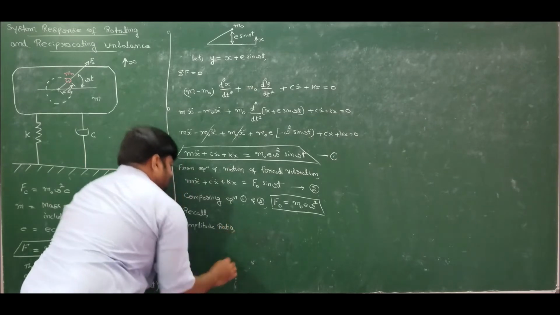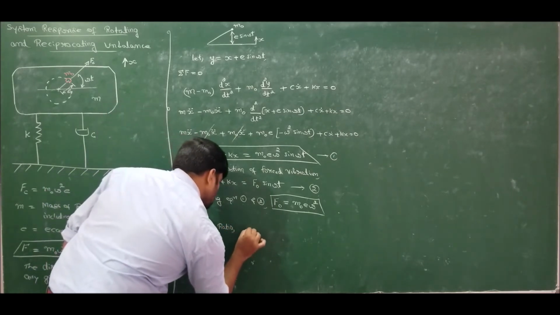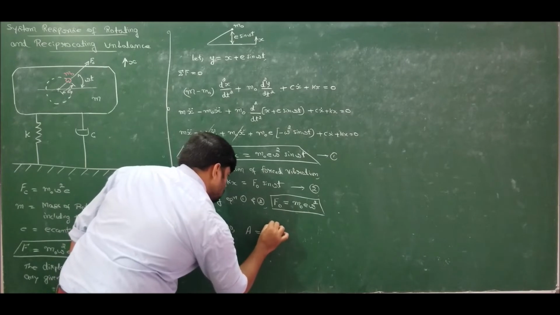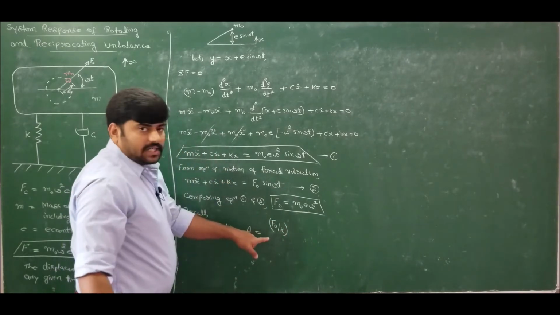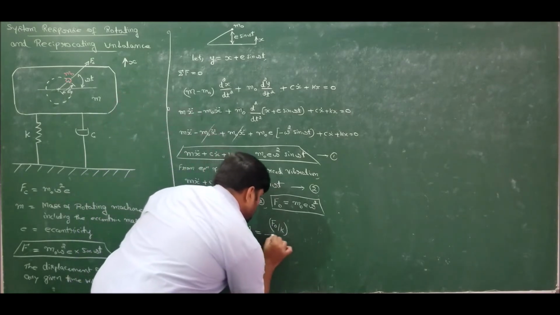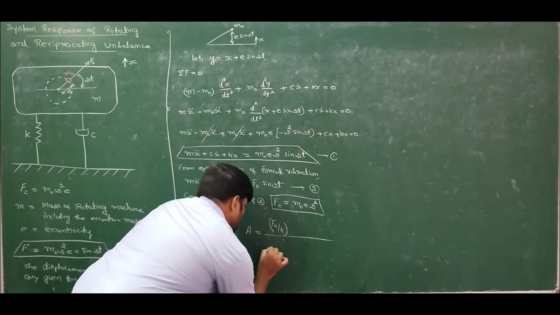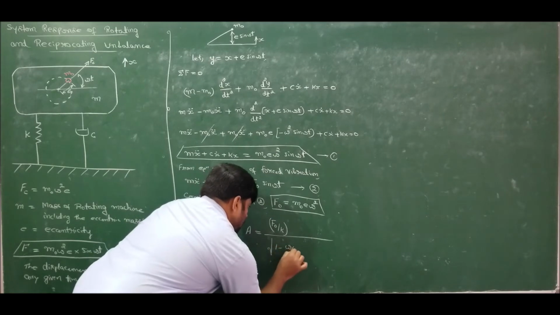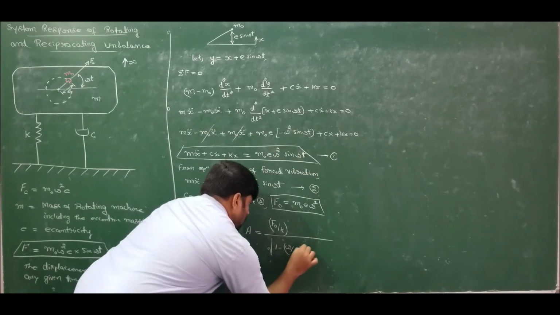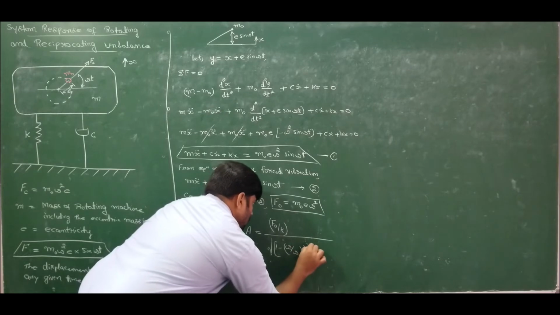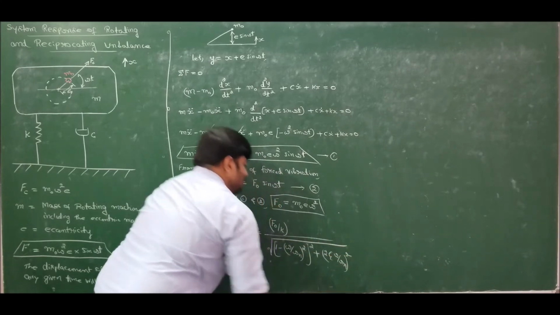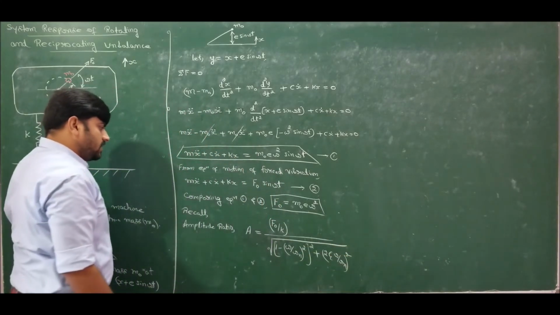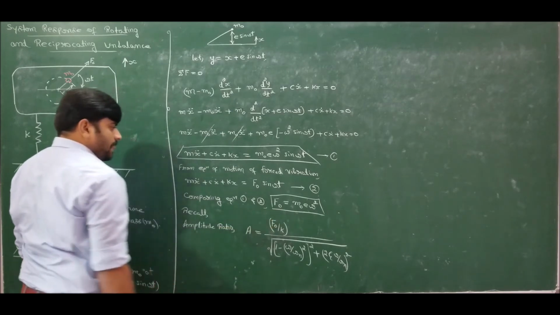Recalling amplitude ratio, we have A is equal to F naught by K, which is nothing but static deflection, divided by square root of 1 minus omega by omega n whole square plus 2 zeta omega by omega n whole square. This is what we had, right? Now substitute F naught here and simplify.